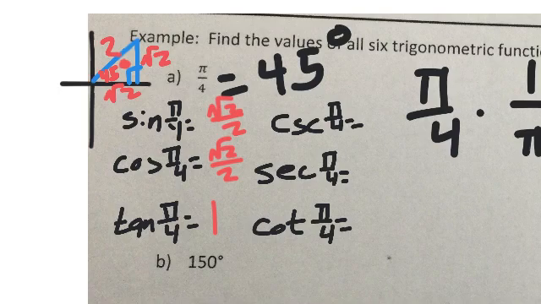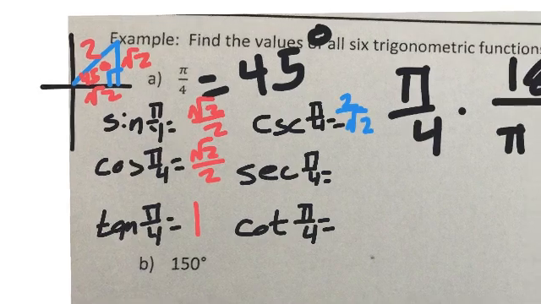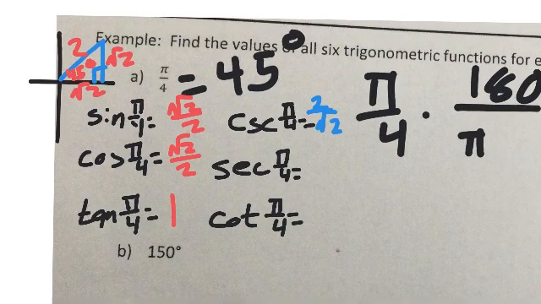And now when I find the other ones, I always just find them by their reciprocal. So you could go through and memorize the y over x stuff, but I always just find sine and then I find its reciprocal. So the reciprocal of this means I'm flipping it. So that's going to be 2 over radical 2, which I can't have. I think if you put that in your calculator, it will simplify that for us, rationalize it.